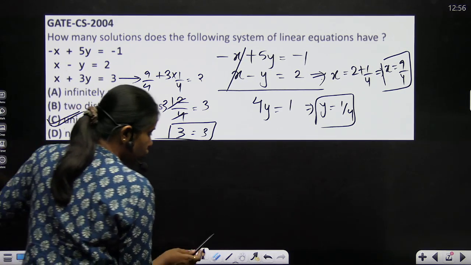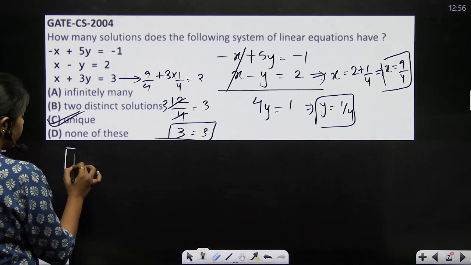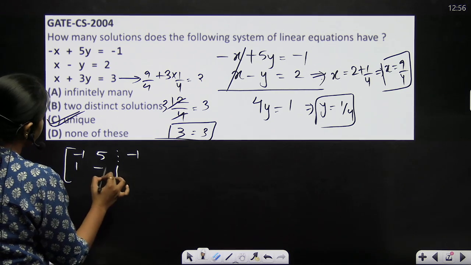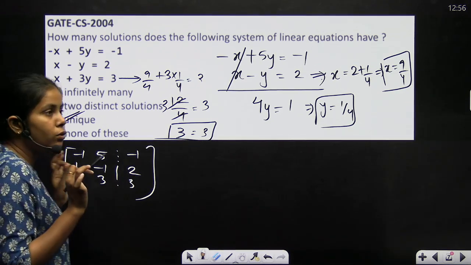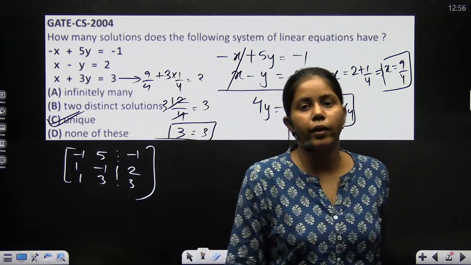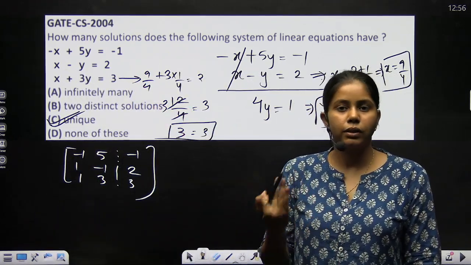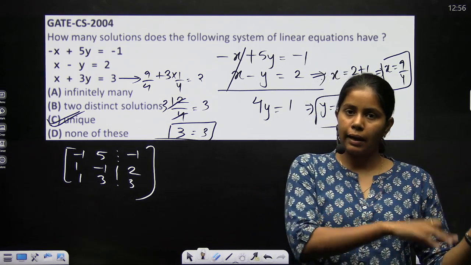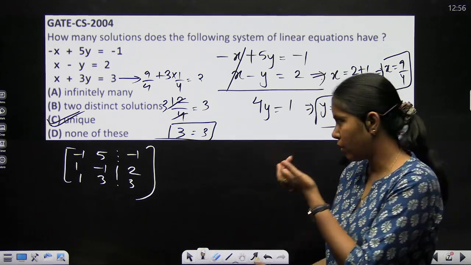And I will also show you what would happen if I use row reduction in these 2 variables. -1 5, -1 1, -1 2, 1 3 3. I told you there is no problem with having any number of variables and any number of equations. Like here we have 2 variables but 3 equations. That is not a problem. The only condition I need to satisfy is that rank of augmented matrix, rank of A matrix is equal to the number of variables.